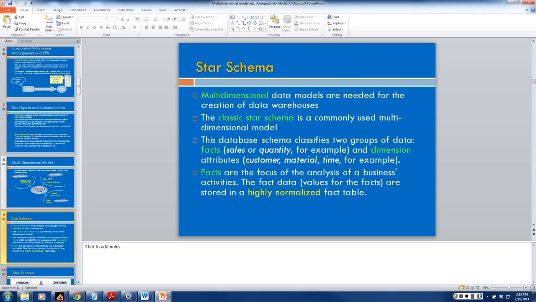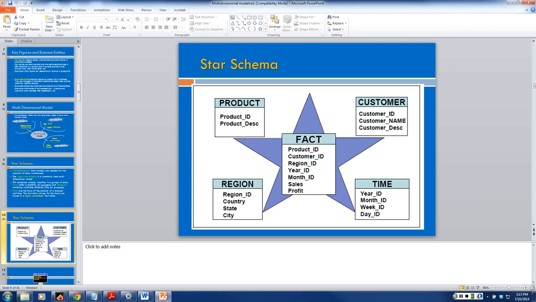So when we say by what, that what is actually the dimension, and the thing that we analyze is called the fact. So a star schema looks something like this, where you have a fact table right in the middle and multiple dimensions all around. And each of them is connected in a certain way. So a fact table must have what you see here, two measures. This means numbers, sales and profit. There must be some measurables.